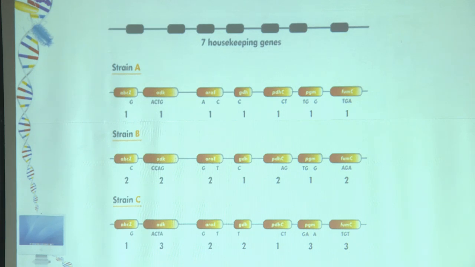This is clear to all of you? Now, if you stitch all the 7 genes together, the first strain is characterized as 1, 1, 1, 1, 1. If you move on to the second strain, it is 2, 2, 2, again 1, 2, 1, 2. If you move on to the third, again 1, 3, 2, 2, 1, 3, 3.